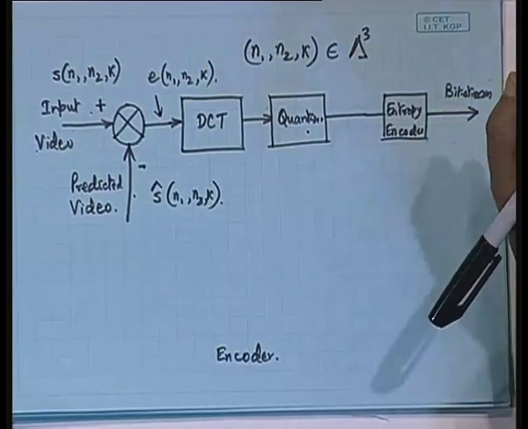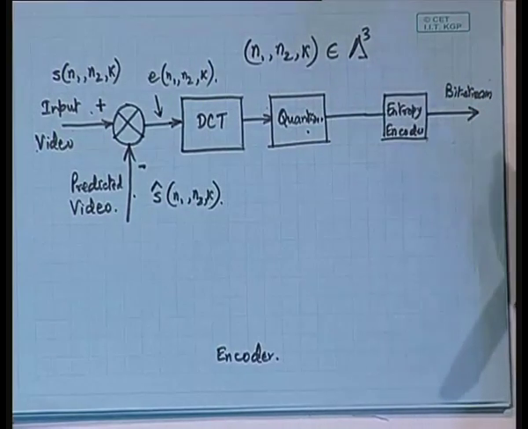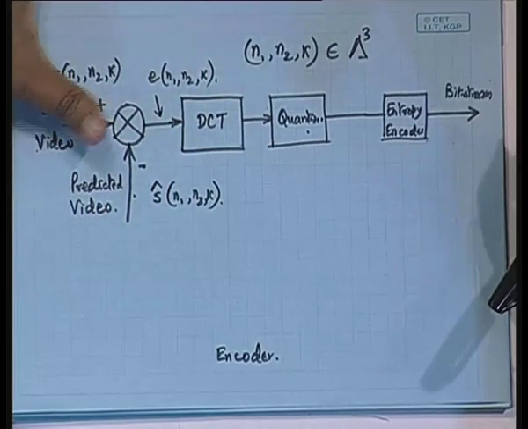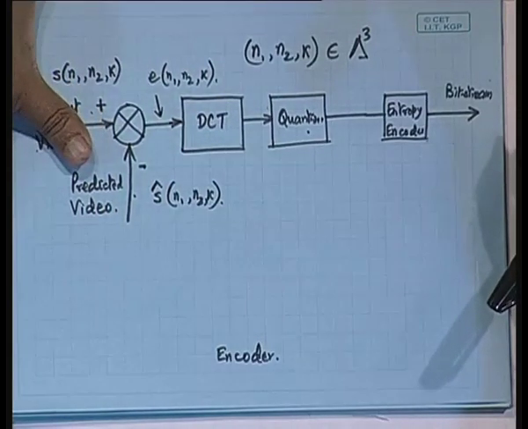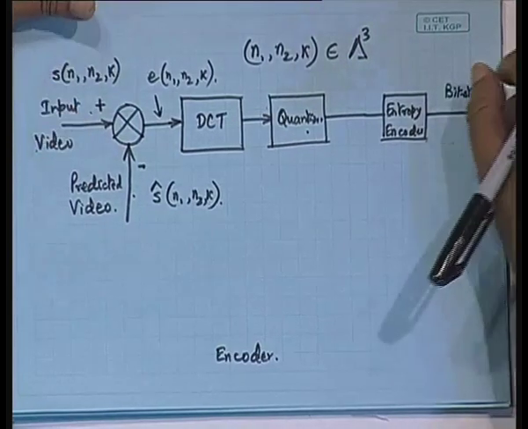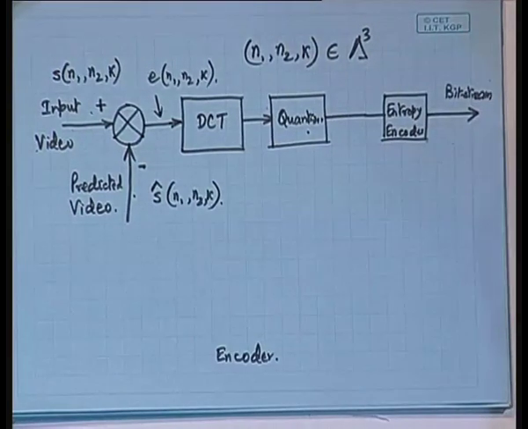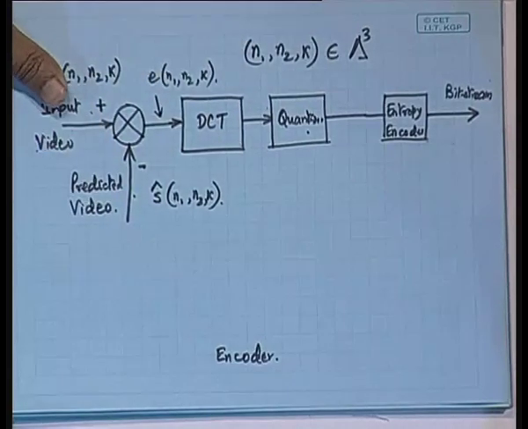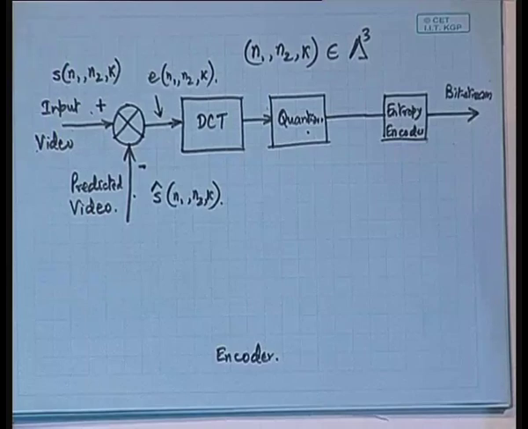Now, you can well argue that generation of the predicted video is not a problem. You take the input video directly and store it into some memory. You get the past video frame, compare it with the input video, and find out how much displacement every block of the image has undergone, and then you can generate the predicted video from here.